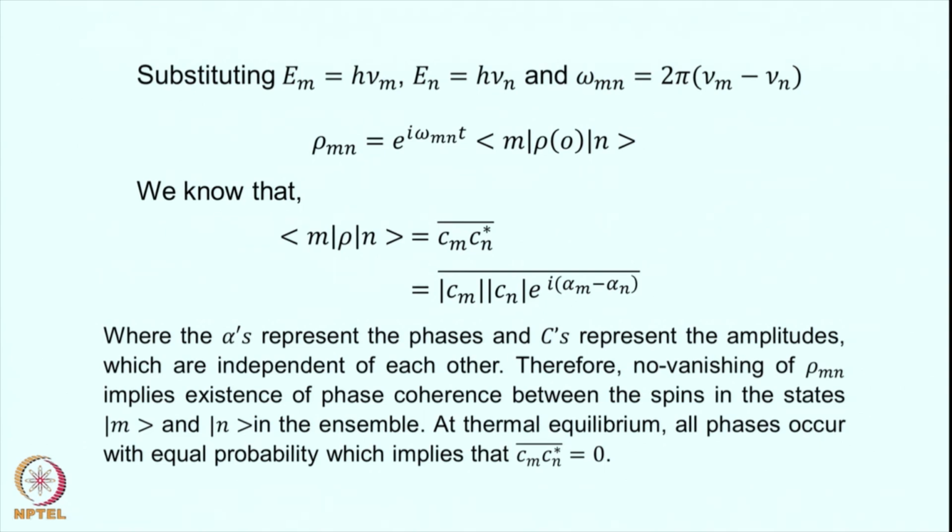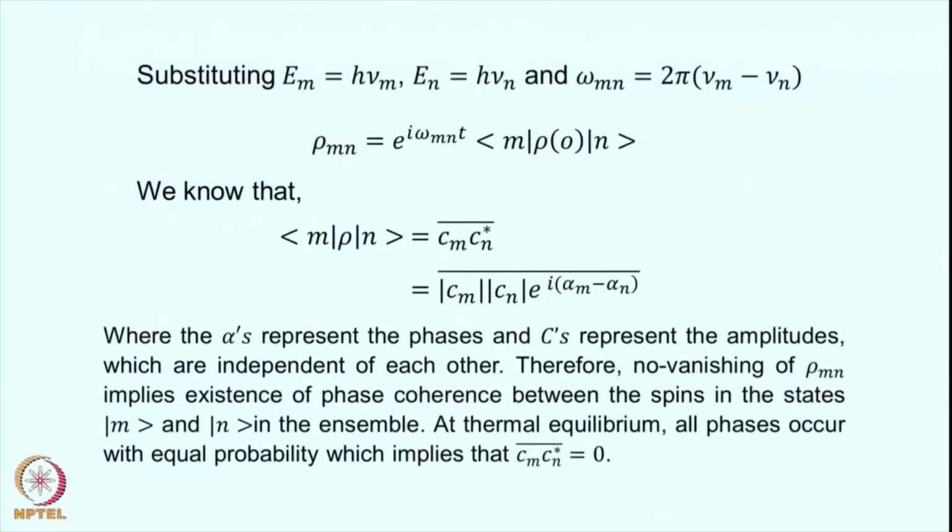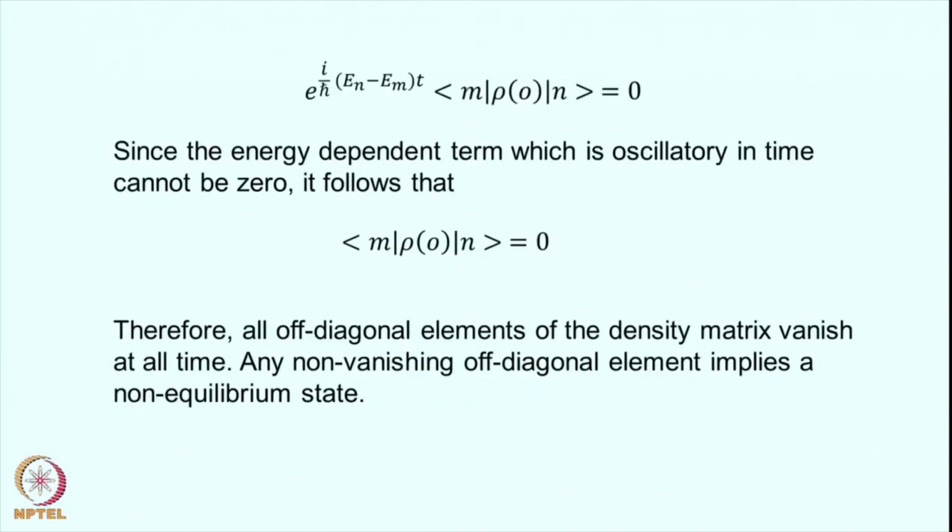So the appearance of Ix or Iy therefore implies a phase coherence between the spins in the states m and n. So transverse magnetization gets connected to the phase coherence between the spins. Anytime you have a transverse magnetization, we say there is a phase coherence between the spins, and decay of that phase coherence amounts to decay of the transverse magnetization.